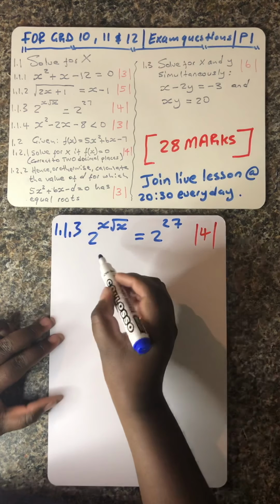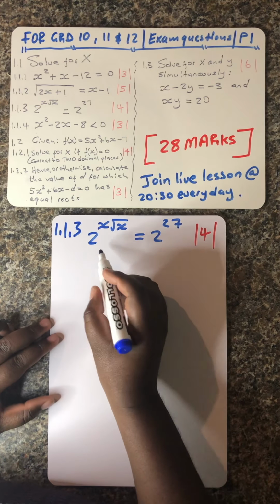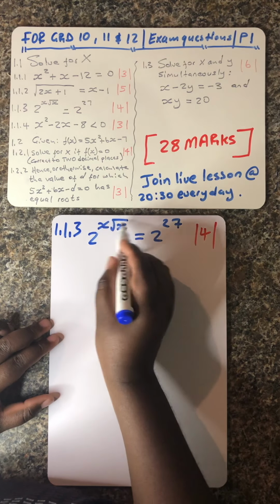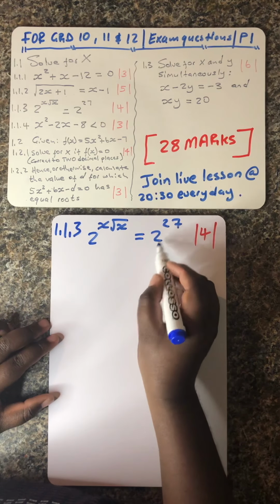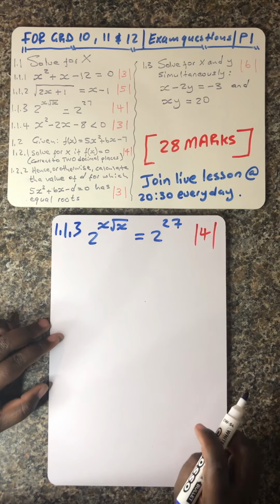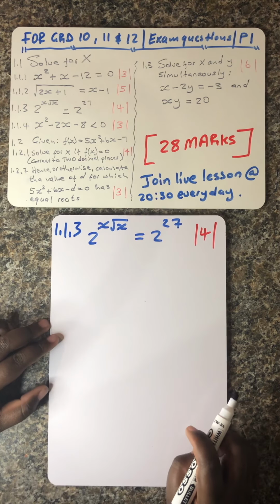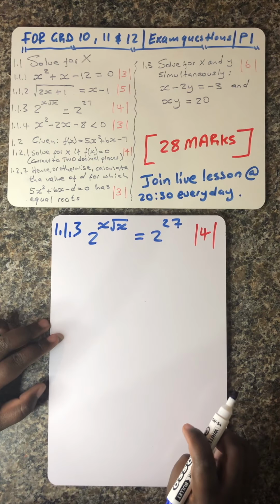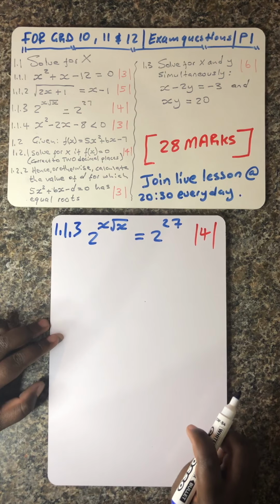So now, guys, we've got 2 to the exponent x square root of x, which equals 2 to the exponent 27. Okay, so guys, I want you to notice something.